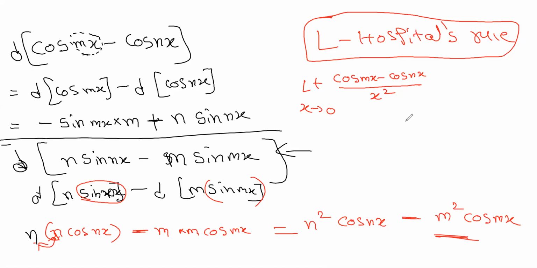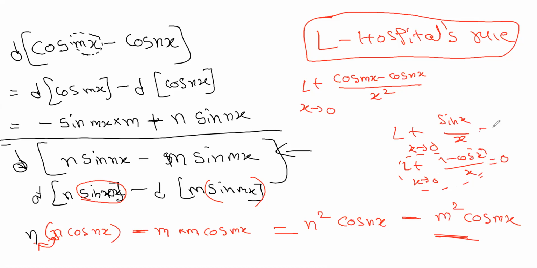We studied the standard forms as limit x tends to 0 sin x by x. Same thing, we have limit x tends to 0, 1 minus cos x by x. This one we derived. Actually, this one is not in the textbook. This 1 minus cos x by x is equal to 0.